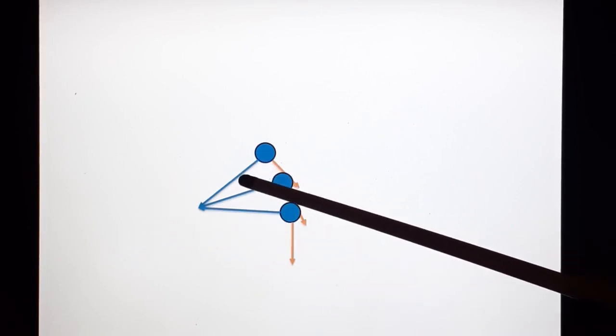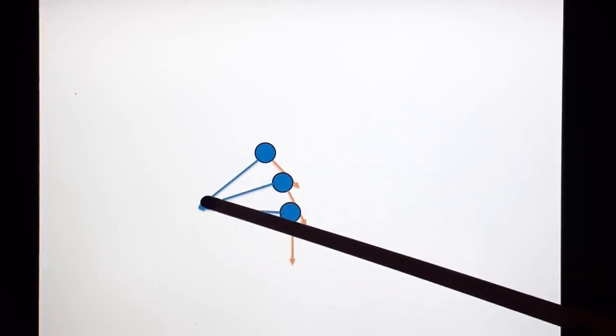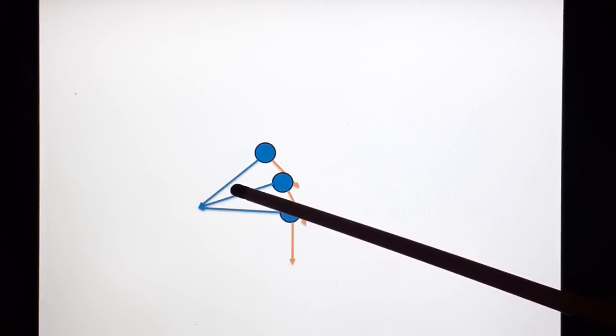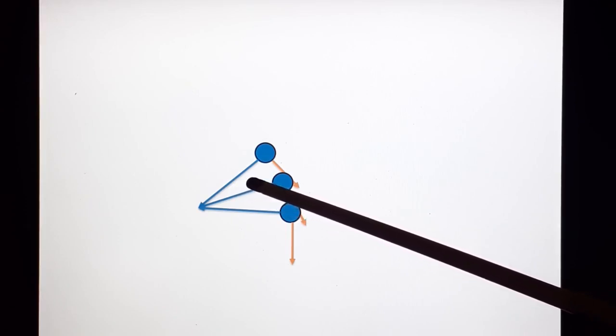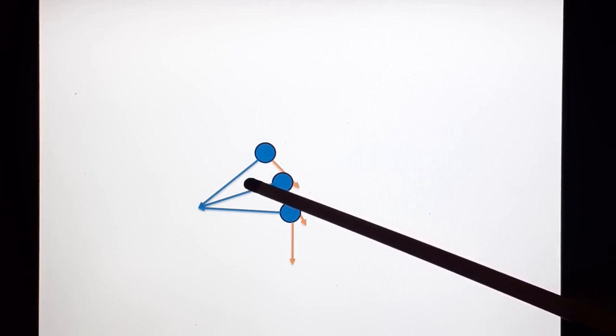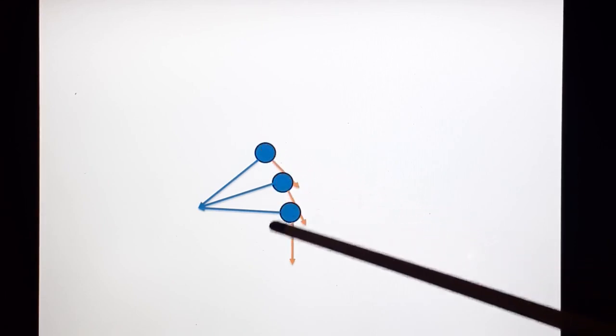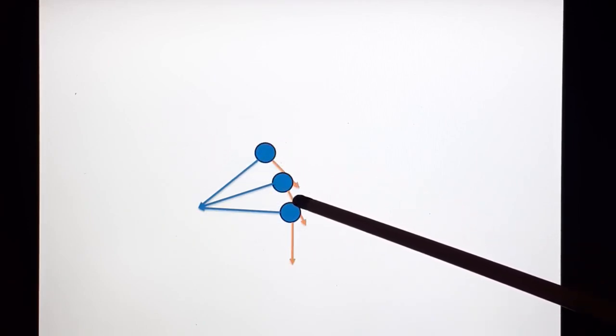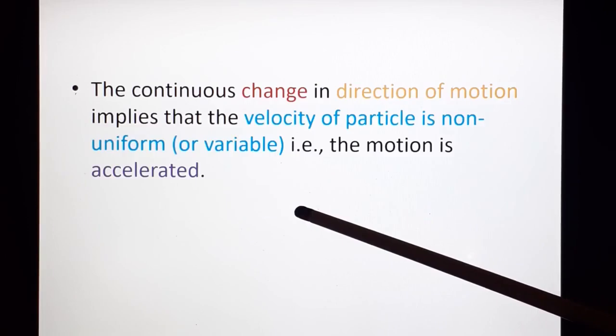This force which pulls it towards the center of the circular path is called centripetal force, right? So every time for circular motion, centripetal force is necessary. Clear? And if this movement is with constant speed, then we can call it uniform circular motion.